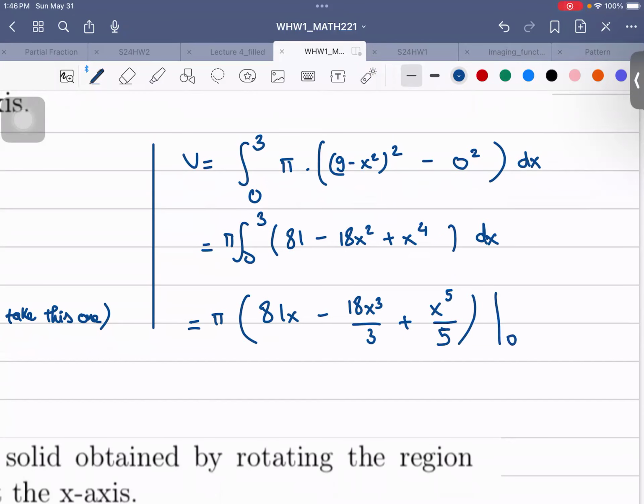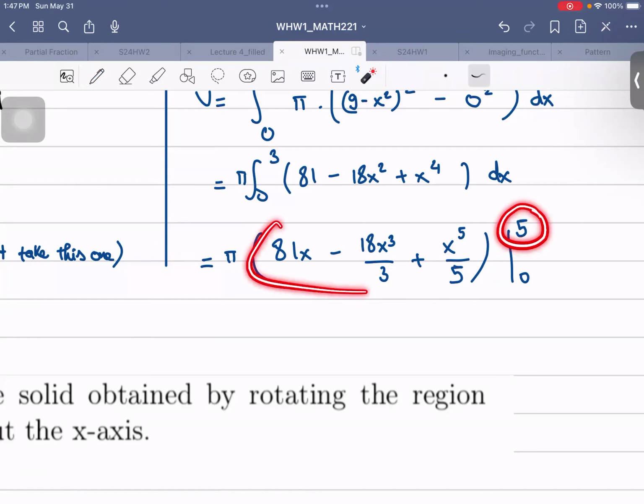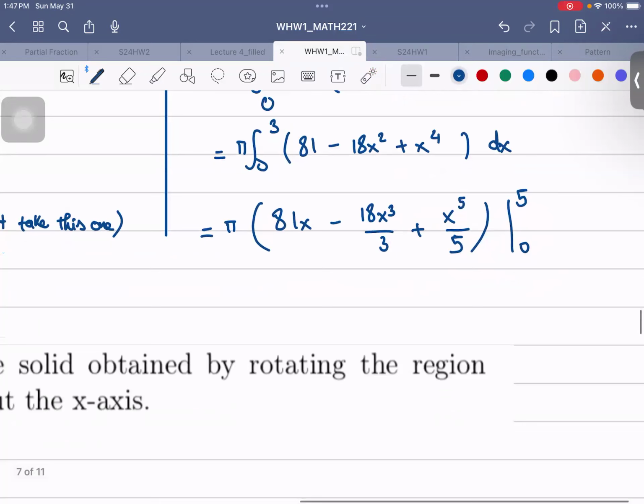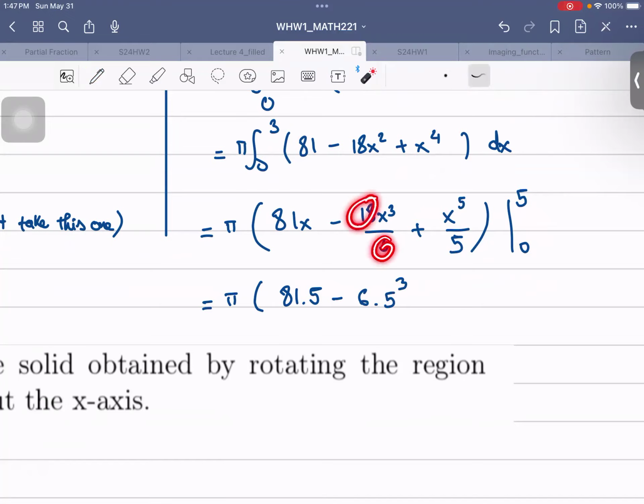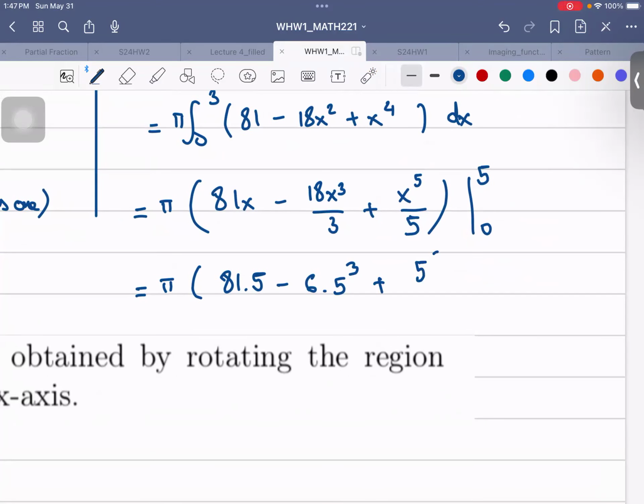You evaluate at the lower bound and the upper bound. You just need to evaluate your antiderivative at the lower bound and the upper bound, and you find a difference. So you pretty much have pi times 81 times 3 minus 6 times 3 cubed, because 18 divided by 3 is 6, plus 3 to the power of 5 divided by 5.